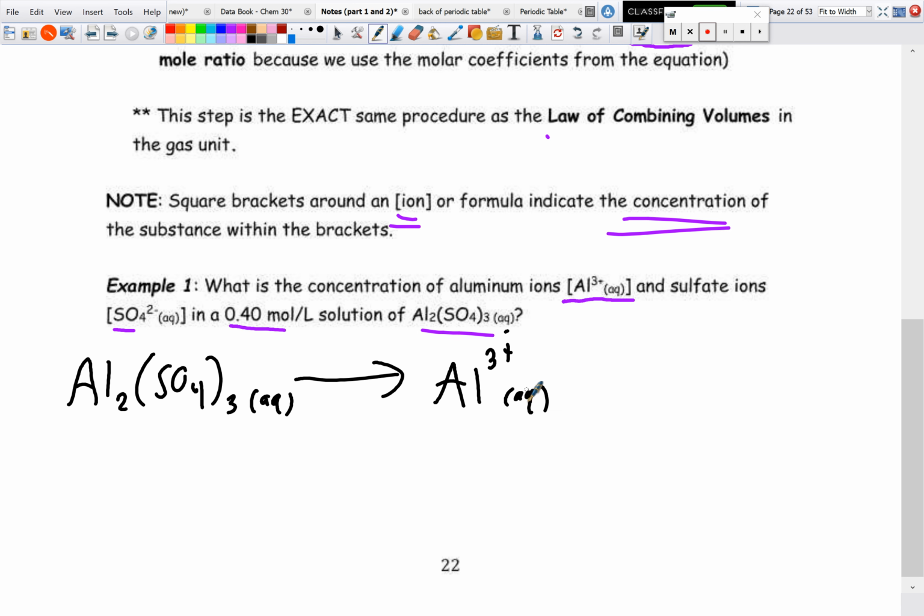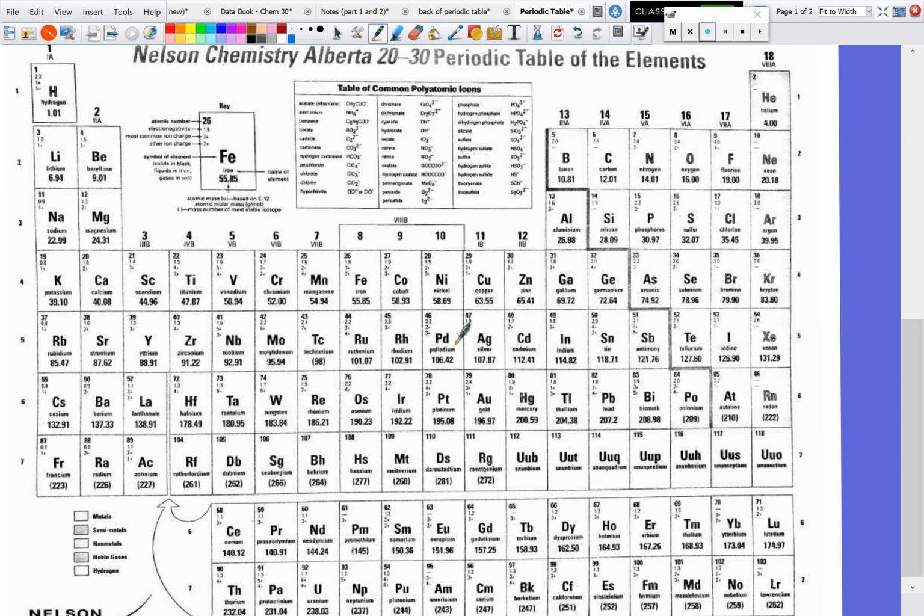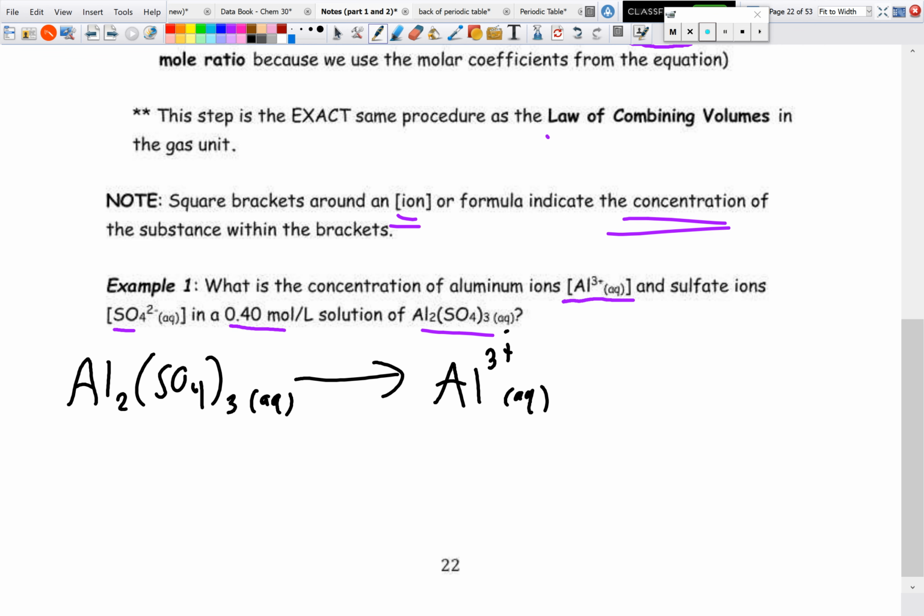If you're not sure how to find the charge on the ions, go to your periodic table, and we'll see aluminum right here, and it has a charge of 3+. And our sulfate, we're going to get up here in the periodic table, and sulfate is SO4 2-, which is right here. I know it's going to be hard to see, but hopefully you can see it with your periodic table a little clearer. And we get SO4 2- aqueous.